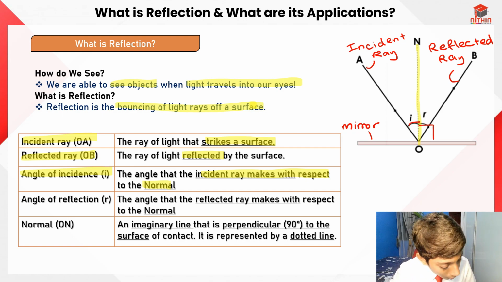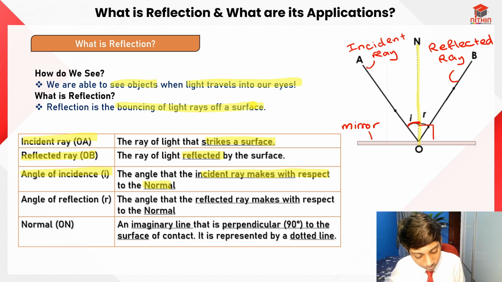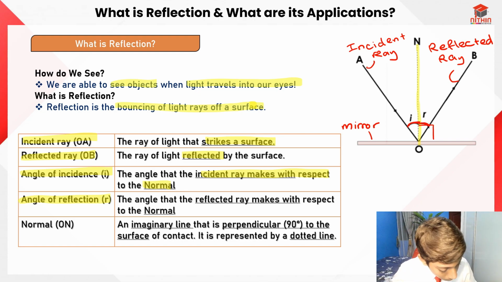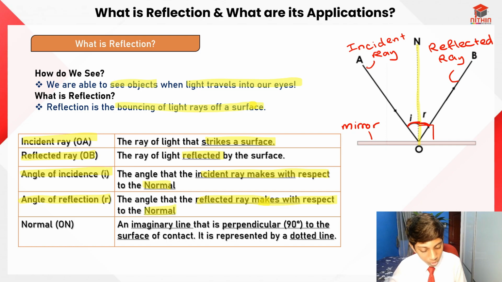Over here, this is the incident ray, represented by the letter I. And then just like the angle of incidence, the angle of reflection is represented by the letter R. It is basically the angle that the reflected ray makes with respect to the normal. And then next we have the normal, ON.